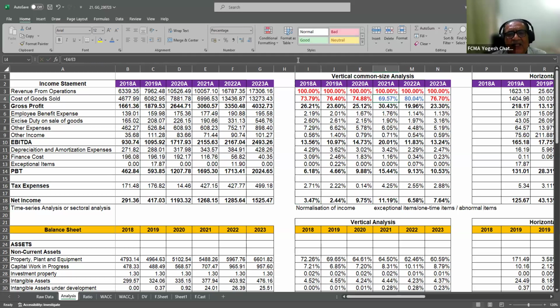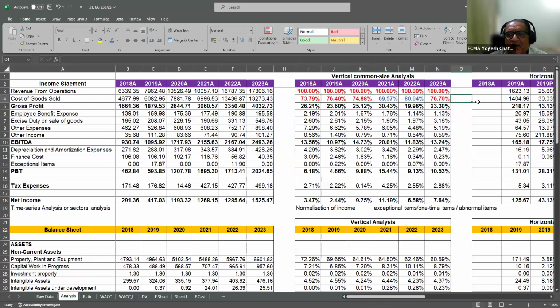So here, as you can see, in 2021 the cost of goods sold is 5% less than the average of 75%. And in 2022 that is compensated, that is 80%, so 5% more than the threshold of 75%.